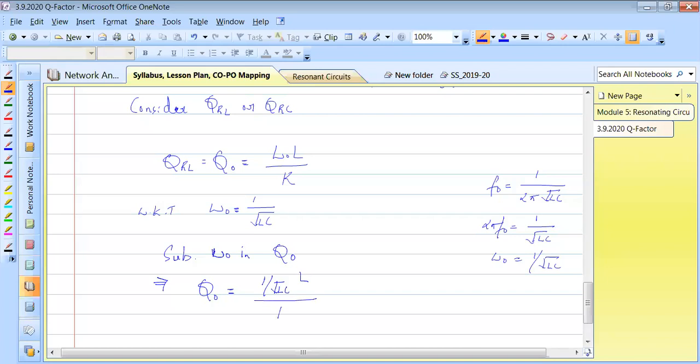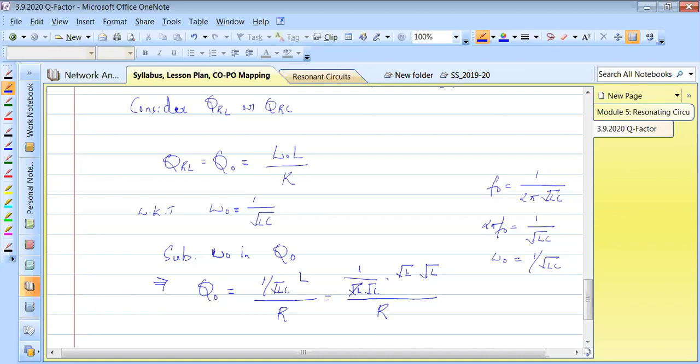In the denominator we have R. This can also be written as 1 by root L and root C. How can I write L in terms of roots? It can be written as root L into root L, because root L into root L would be the square root of L squared, which is as good as L. So L is written as this, and anyways you have your R in the denominator.